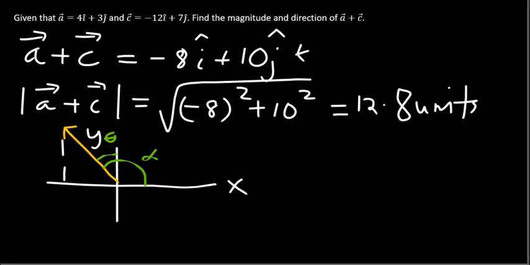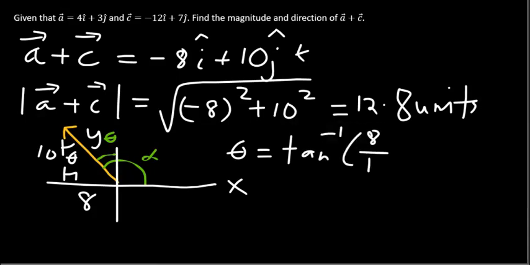We can use trigonometry to get theta. We note that this side is 8 and this is 10. So this angle here is theta, and this is a right angle triangle. So theta equals arctangent of 8 over 10, and that will give you 38.6 degrees for theta.